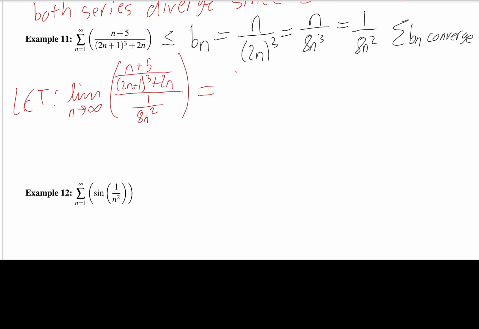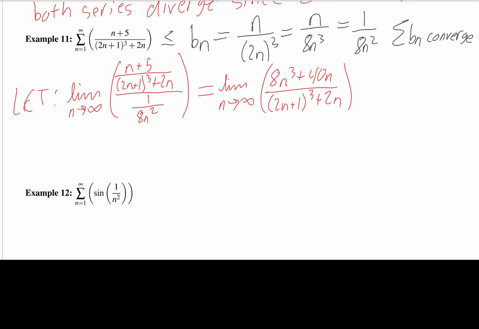So that'll give me the limit as n goes to infinity of 8n cubed plus 40n over (2n plus 1) cubed plus 2n.